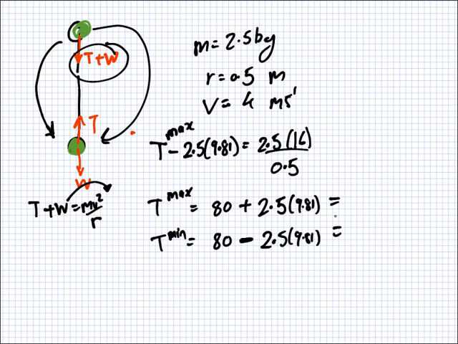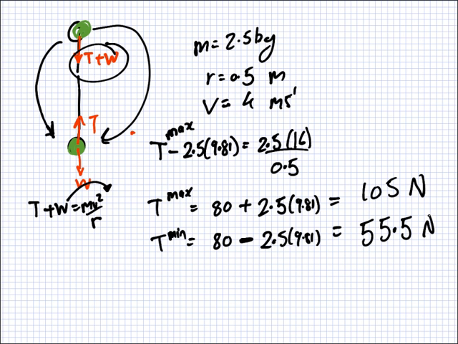Maximum should be 100. 104 newtons maximum. 104.5, so it should be 105 newtons. And the min one is 55.5. Which one is bigger? 55.5 newtons.